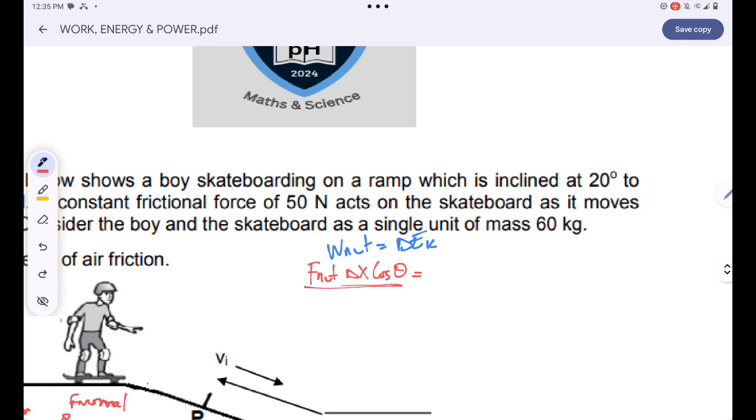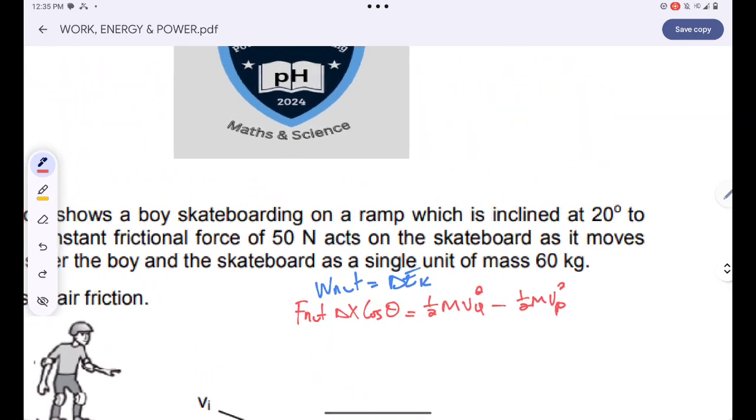This is equal to work net. And then the change in kinetic energy will be the kinetic energy at position Q minus the kinetic energy at position P, rather, not R.